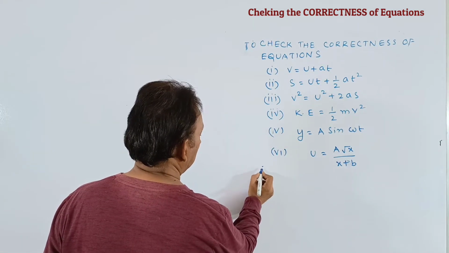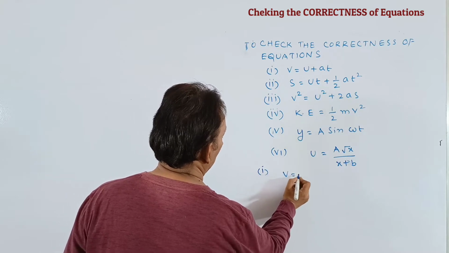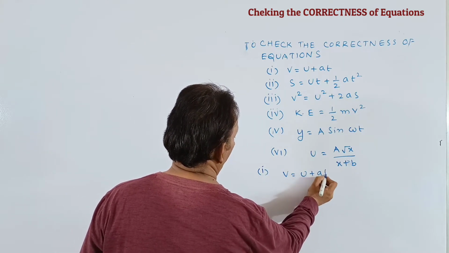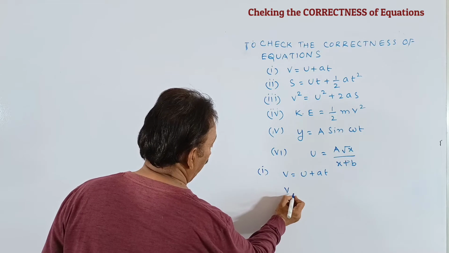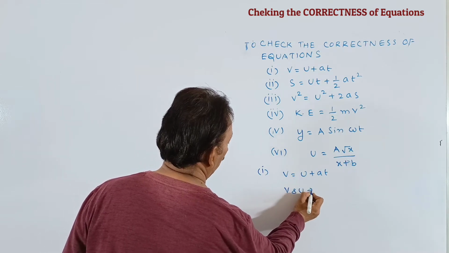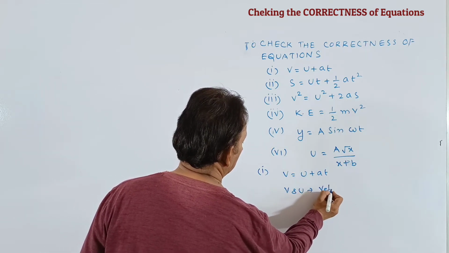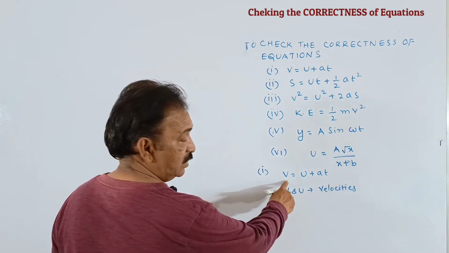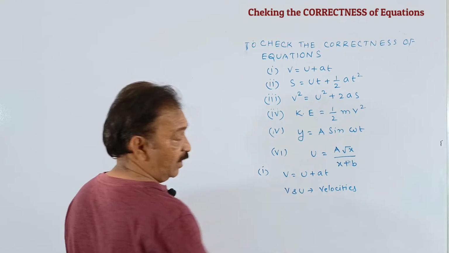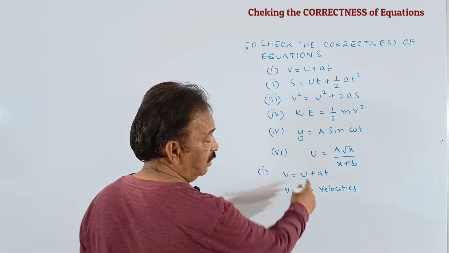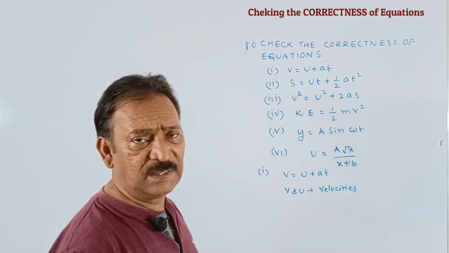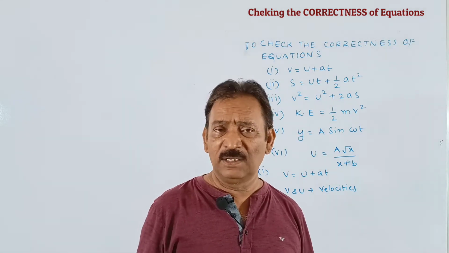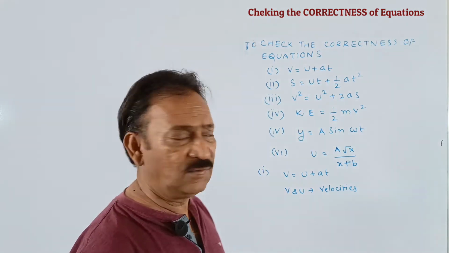The first one is V is equal to U plus AT. Here, V and U are velocities. V stands for velocity and U is also velocity; it is the final velocity and the initial velocity. Whatever the velocity is, final, initial or average, it is velocity, students.